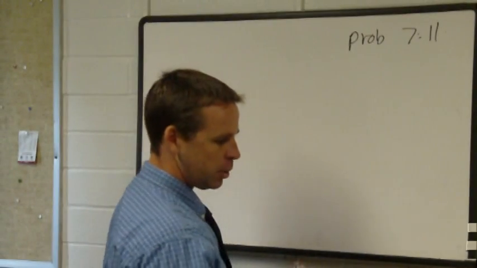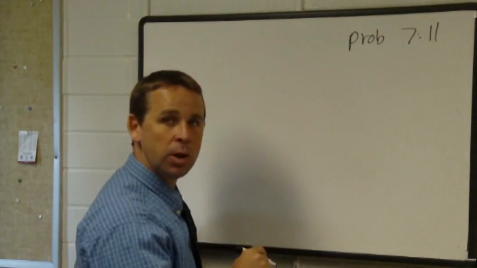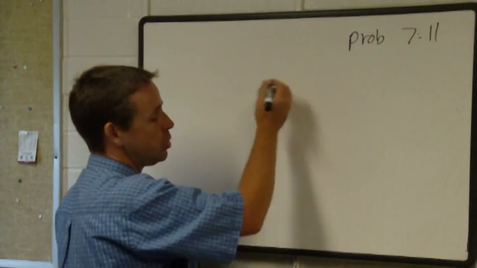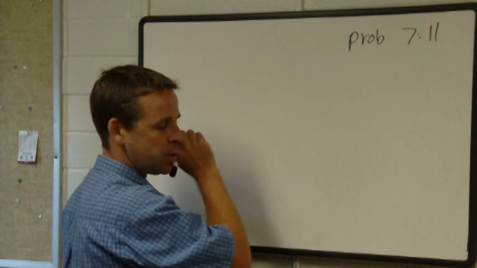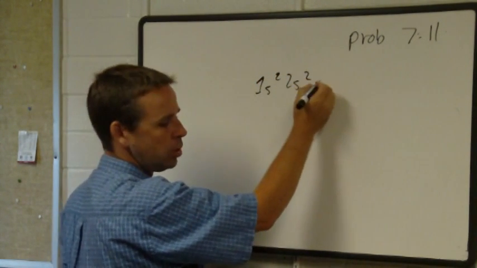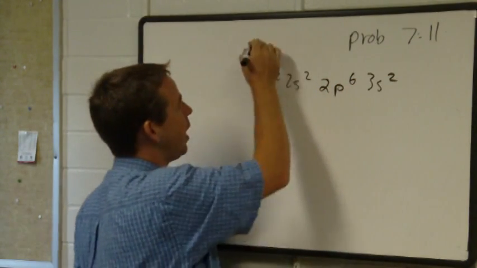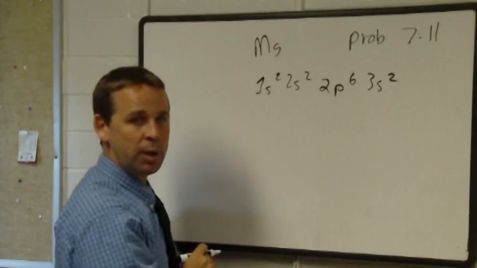So a reminder of what the core means. Let's look at magnesium and talk about what core electrons are. If we want to write the electron configuration for magnesium, you go 1s2, 2s2, 2p6, 3s2. That is the electron configuration for magnesium.